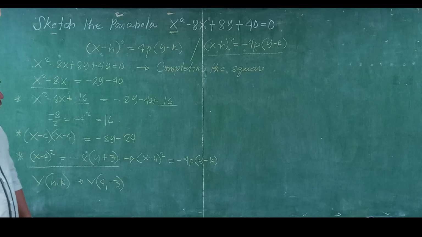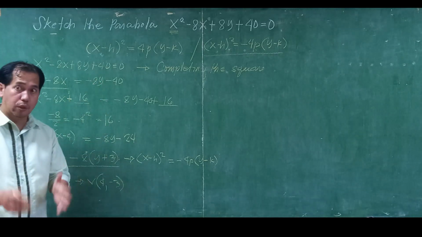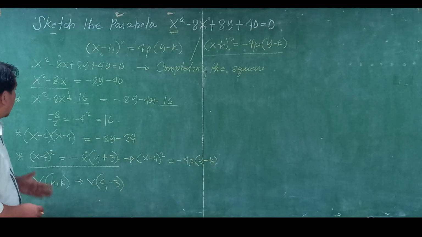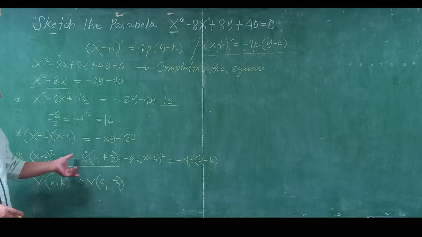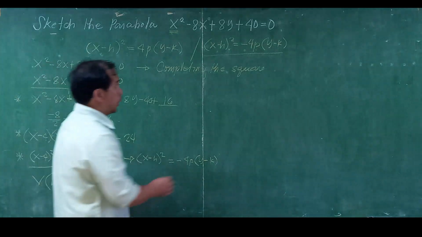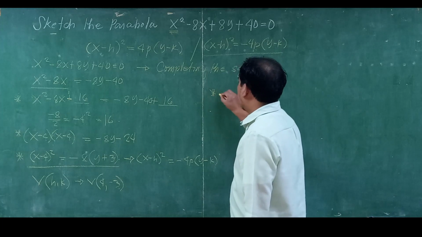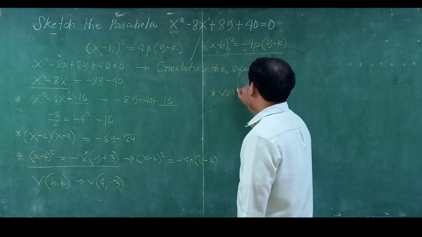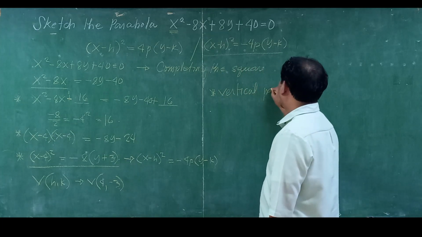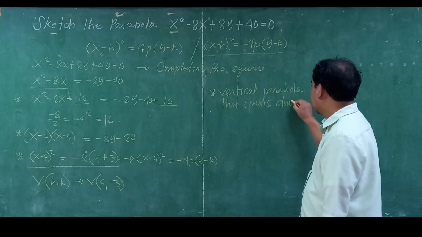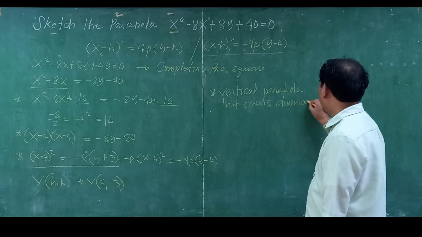Notice that when we analyze the problem, it will tell you already the kind of parabola that we have. Having this form, it will tell you that the parabola we are going to consider is a vertical parabola that opens downward.